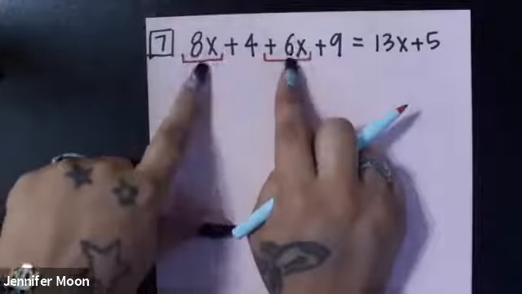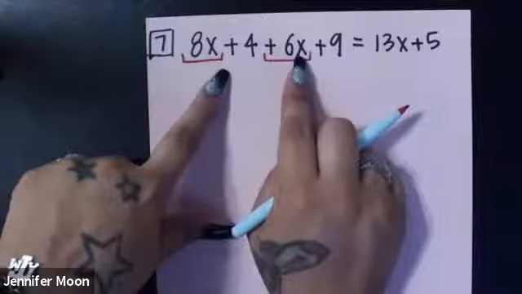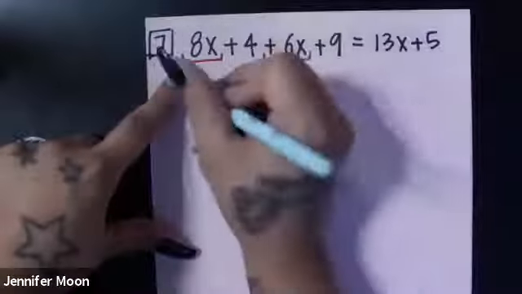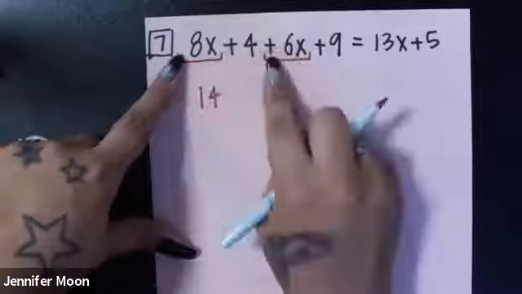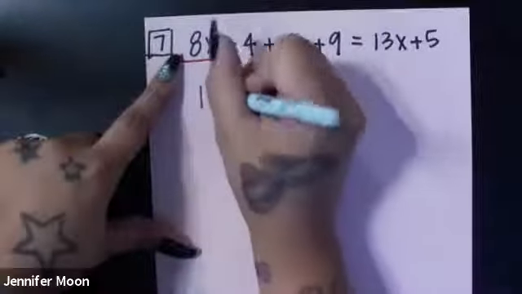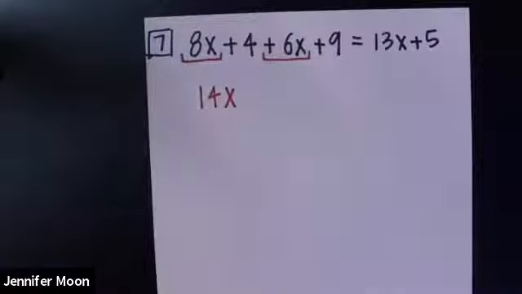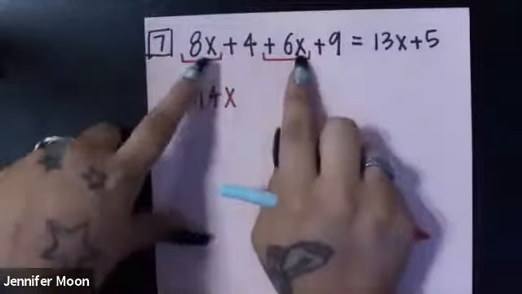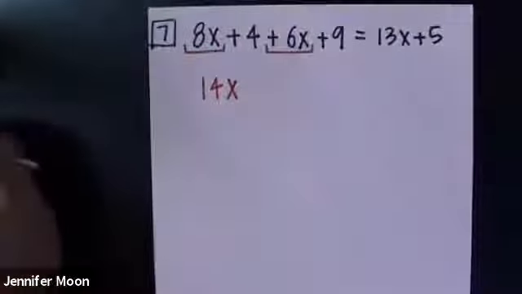So I'm going to combine these numbers, keep and keep. So if you do this, 8 and 6, what is that, 14? These are both positive, so I get a positive 14. Keep and keep. And why I'm saying it twice is keep the variable, keep the exponent. I can combine those because those both just have an x variable with 1 as exponent.